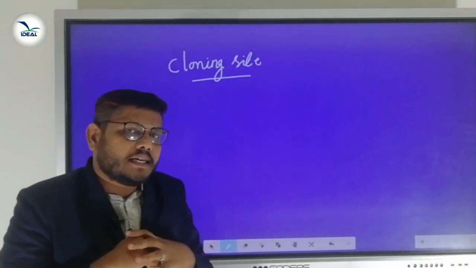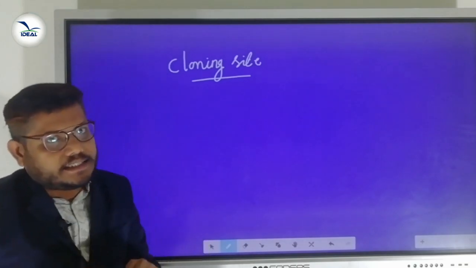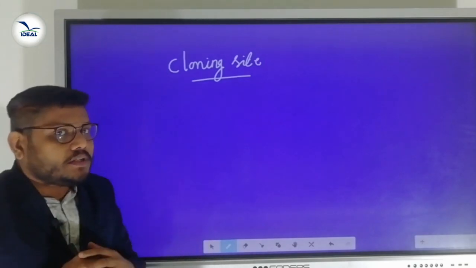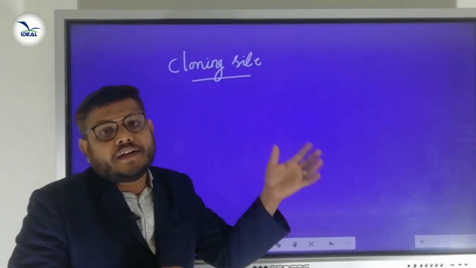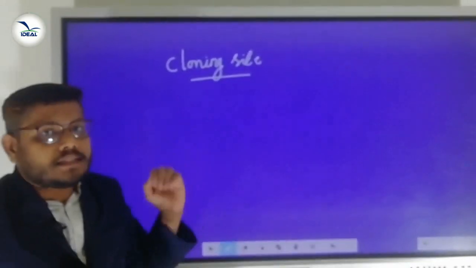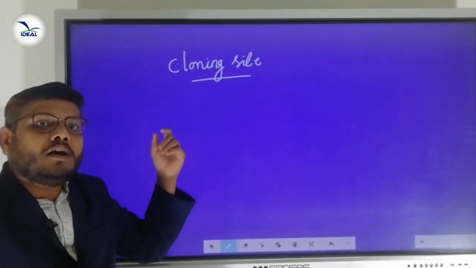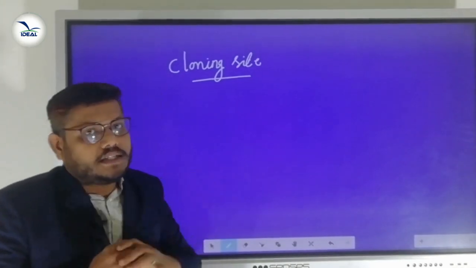What is a cloning site? The recognition site where the alien DNA is inserted. That is called a cloning site. So the ligation of the alien or foreign DNA is carried out at a restriction site present in one of the two antibiotic resistance genes.